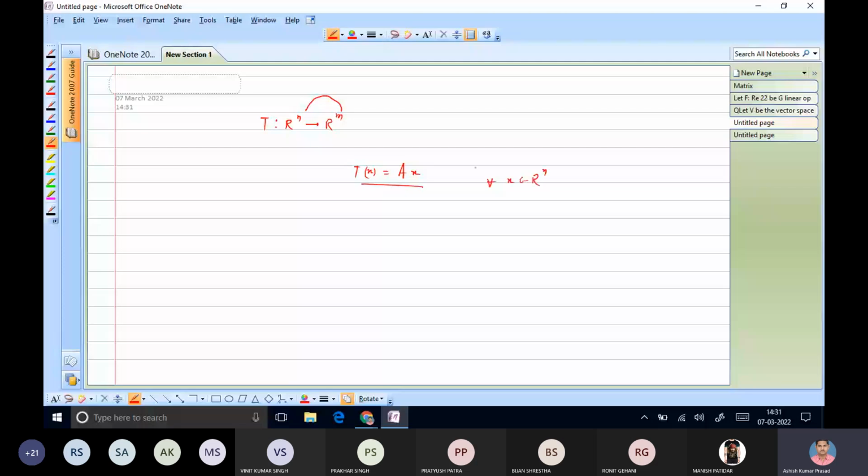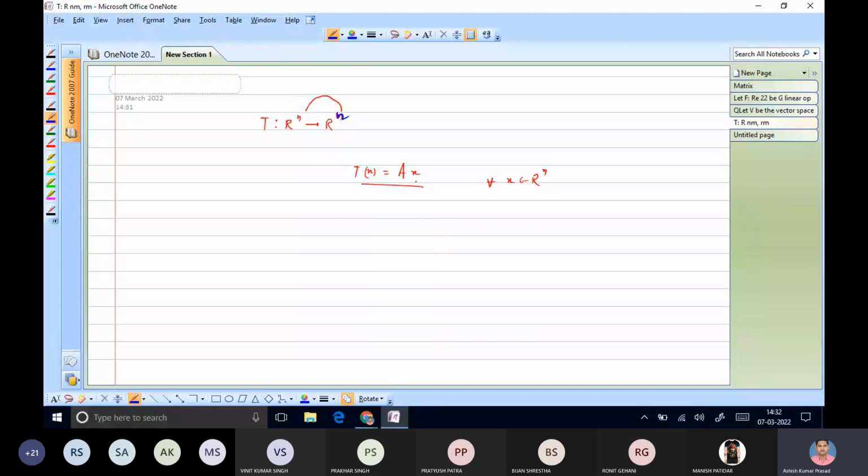Now we are talking about linear operators. So let us take T as a mapping from Rn to Rn. Then there exists an n by n matrix A such that Tx is equal to Ax for all x belongs to Rn.